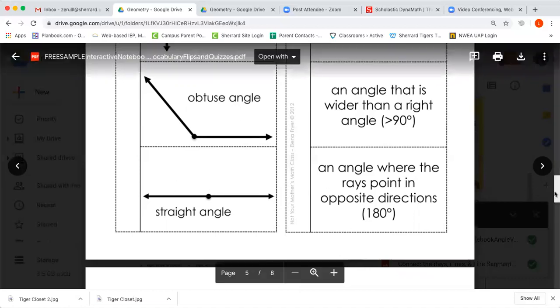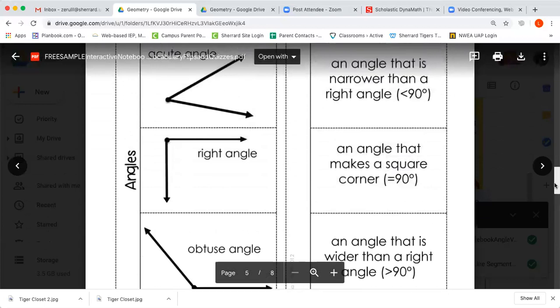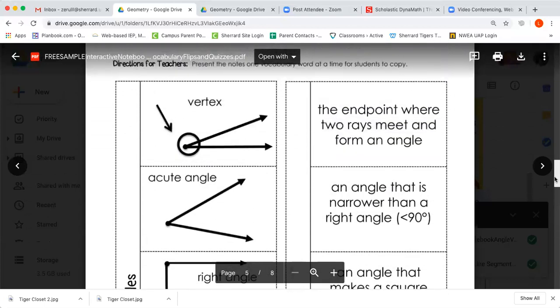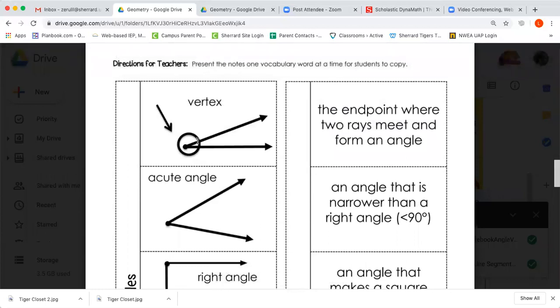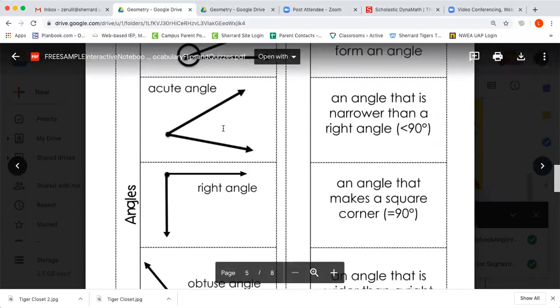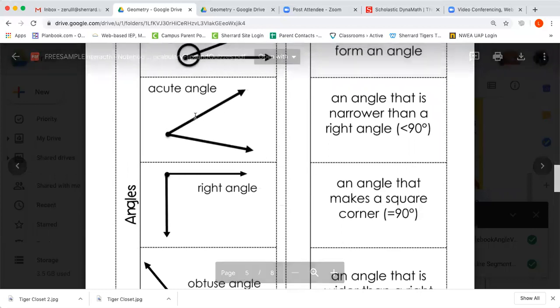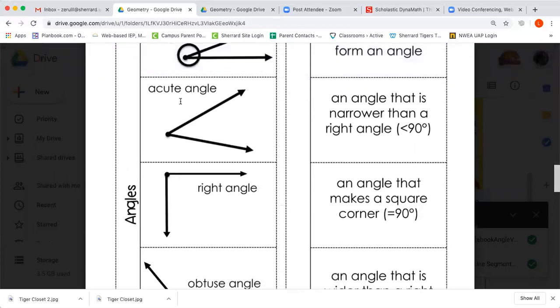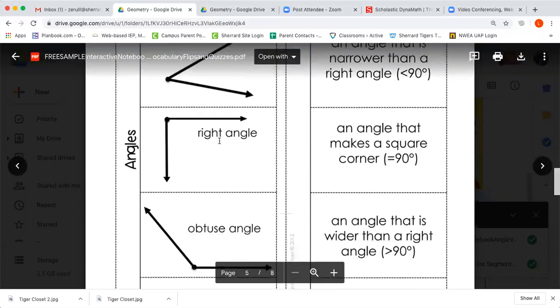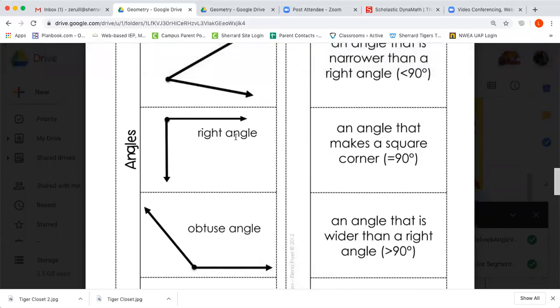So one more time from the top, and then I'm going to show you what you're doing here for your assignment. So this little guy again, the point that holds those two rays together, that's called a vertex. That's what creates the angle when two rays meet. Any angle smaller than 90 degrees is going to be an acute angle. Any angle that measures 90 degrees is a perfect or right angle.